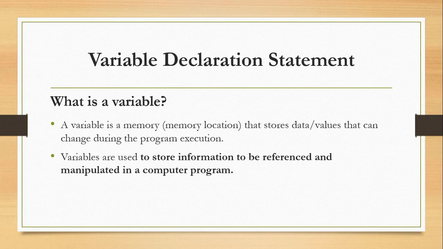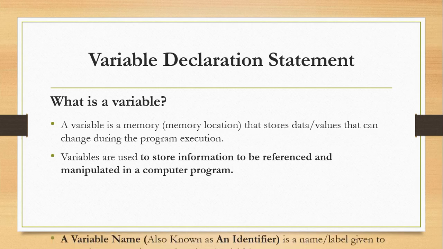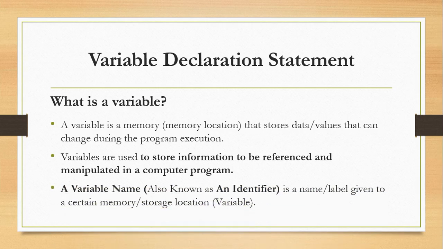Now, going further, there is a clear distinction between a variable name and a variable. Sometimes we make a little mistake and don't really know the difference. They are two different things.